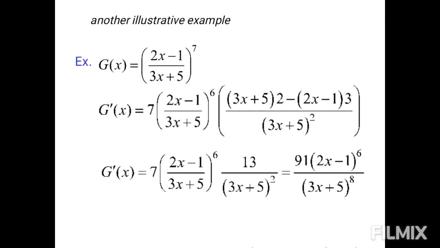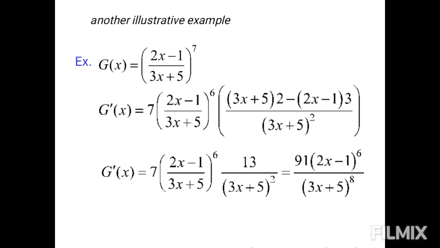Since we have 7 here, multiplied to 13, we have 91. And then we just copy the numerator, 2x minus 1 raised to 6. For our denominator, 3x plus 5, we have the same base, so we just add the exponents.